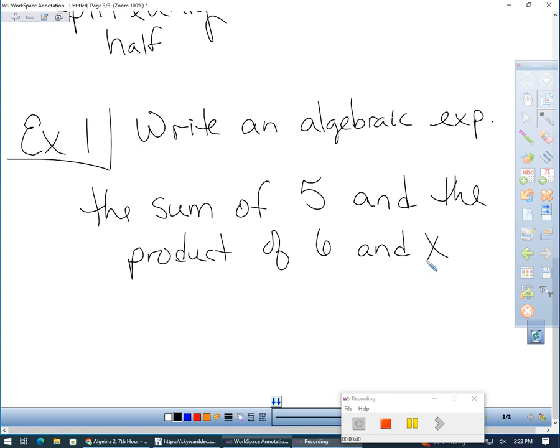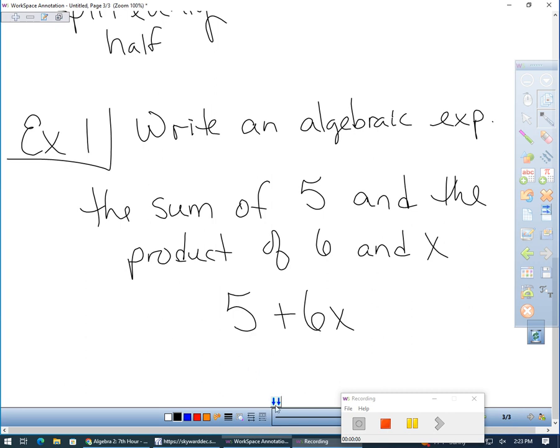Ooh, be careful. There we go. 5 plus 6x. I agree. Because it is addition, technically it works the other way, but when you're writing it from there, you have to write it in that order, right?